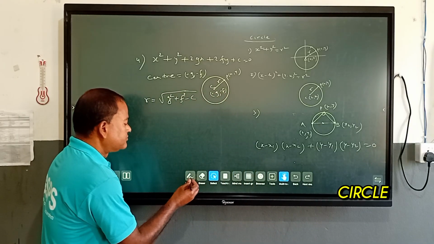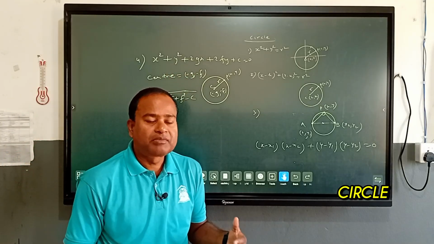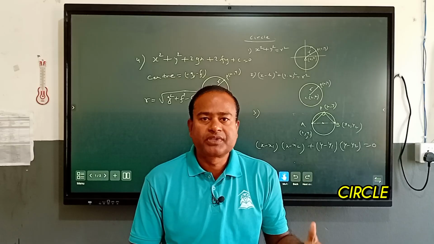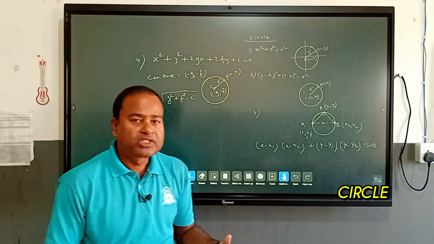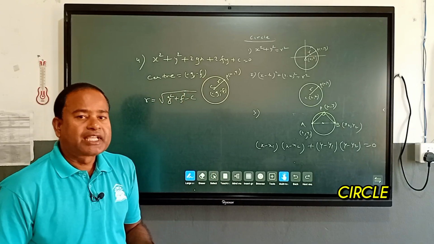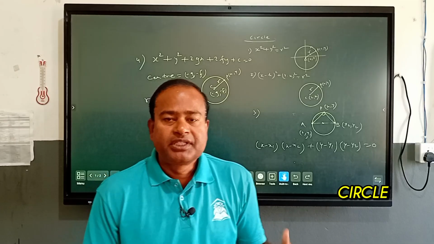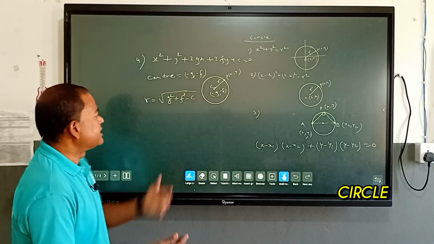Dear students, the fourth formula, or we can say the last formula of the equation of a circle, is x square plus y square plus 2gx plus 2fy plus c equals 0. This form of the equation of a circle is known as the equation of a circle in the general form.